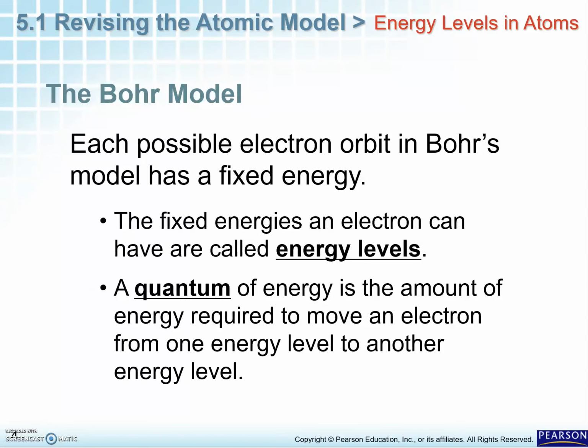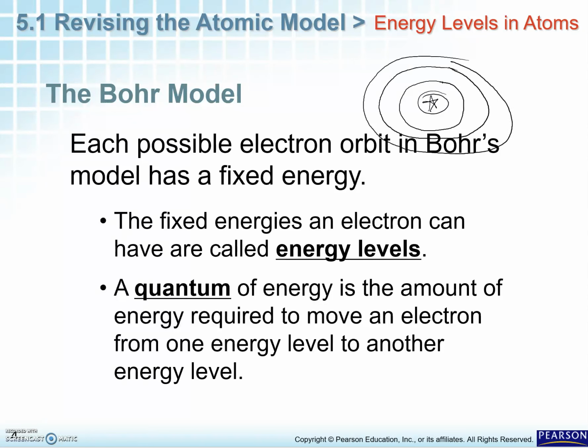So with Niels Bohr, he figured out that each possible electron orbit in this model has a fixed energy, meaning whatever it starts out with is how much it always has. So a fixed energy can have different energy levels. If you have your nucleus here in the center, an electron can only be at fixed distances away from the center of that atom.